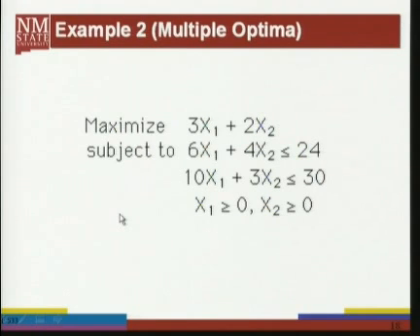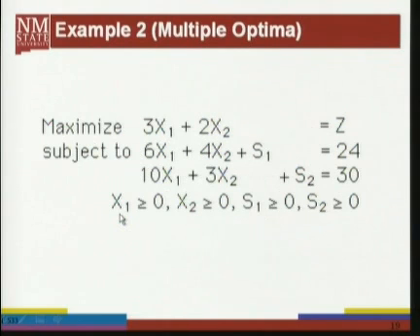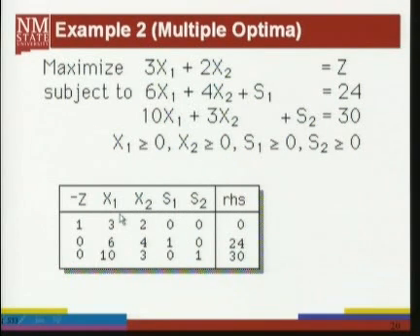So in this case, we introduce two slack variables, S1 and S2, one for each constraint. Our original LP has been converted to the standard form like this, and the initial tableau for the simplex algorithm is constructed based on this standard LP. Again, after moving g to the left-hand side, the initial tableau has been constructed like this.